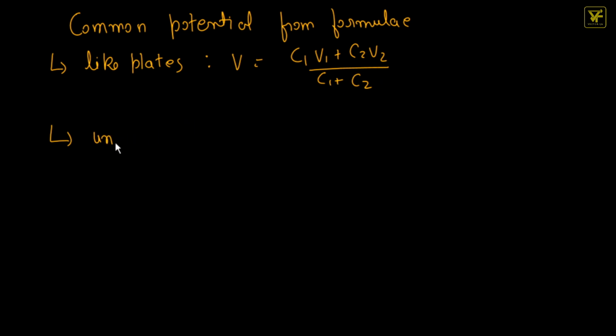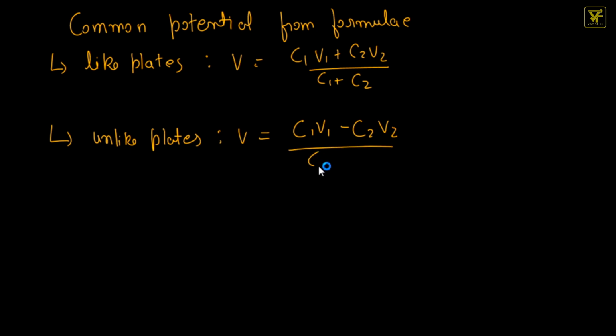And for unlike plates, that is positive to negative and negative to positive, the common potential formula is C1 V1 minus C2 V2 by C1 plus C2. These are the formulae.